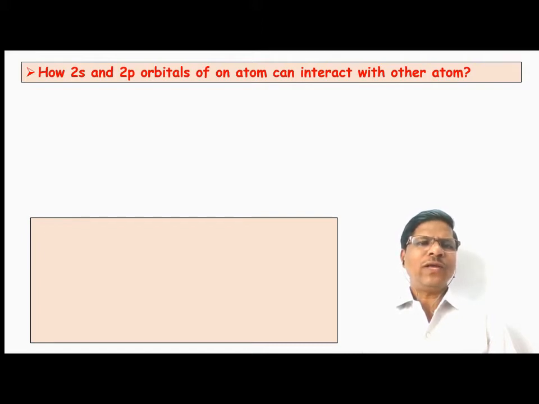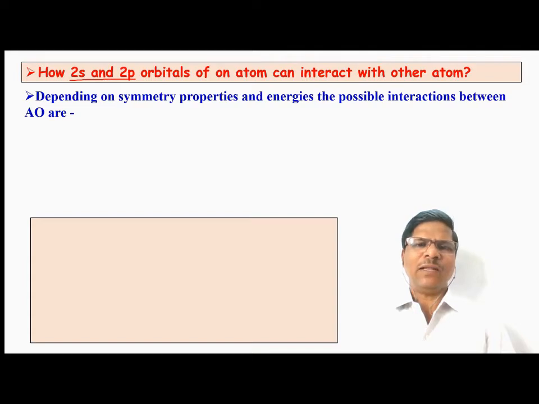So we have the 2s and 2p atomic orbitals. We have two different types of atomic orbitals and they will interact with each other. That is, the 2s and 2p atomic orbitals of one atom will interact with those of another atom, and different types of interactions are possible. Why different types of interaction?